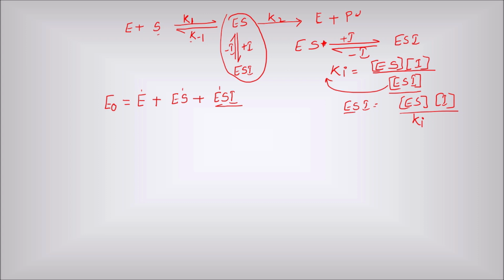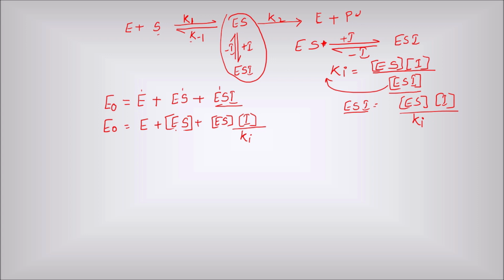Now let us replace the value of ESI. What will be the total amount of enzyme at any time when the inhibitor is present? It will be equal to the free enzyme, plus the enzyme which is bonded with the substrate, plus this much value. I will take this as the enzyme substrate complex times the inhibitor divided by Ki, which is the equilibrium constant when the inhibitor is present.